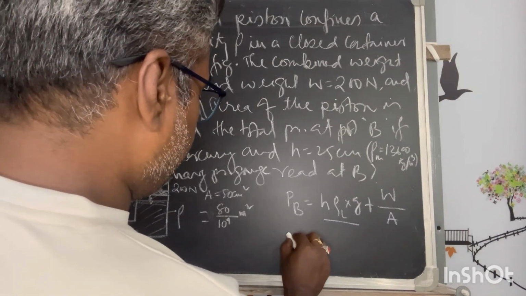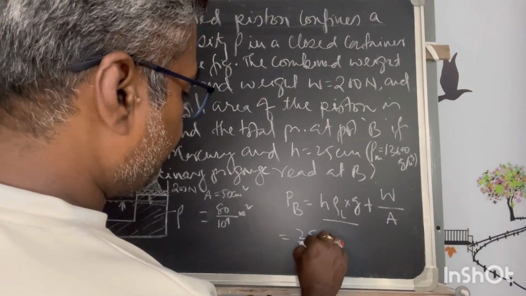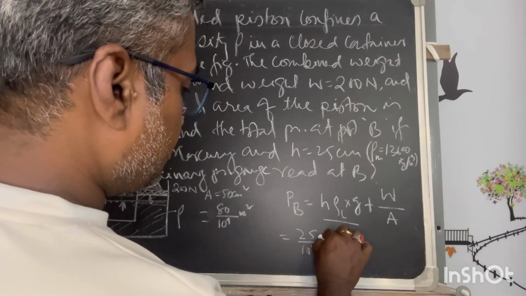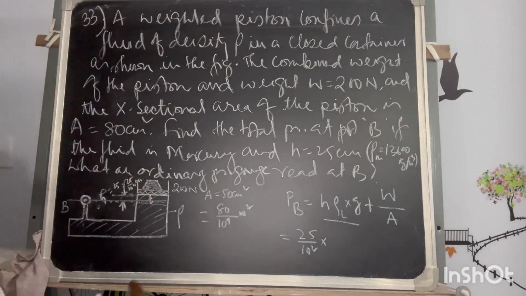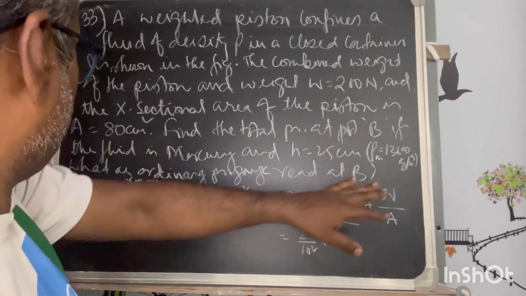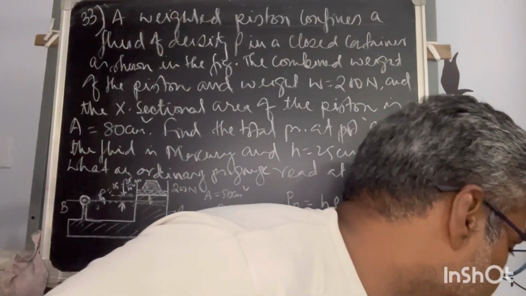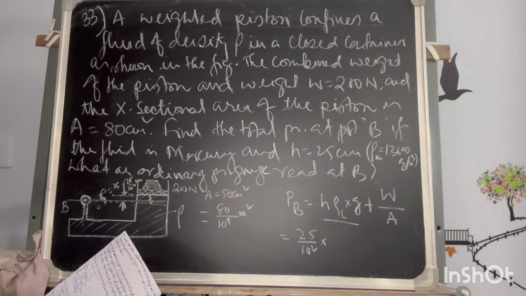Okay, so now what is that? H is equal to 25 upon 10 square into rho of liquid. That means the liquid, the density rho, is closed and continuous. And where is this mercury? There are two liquids or semi liquids.